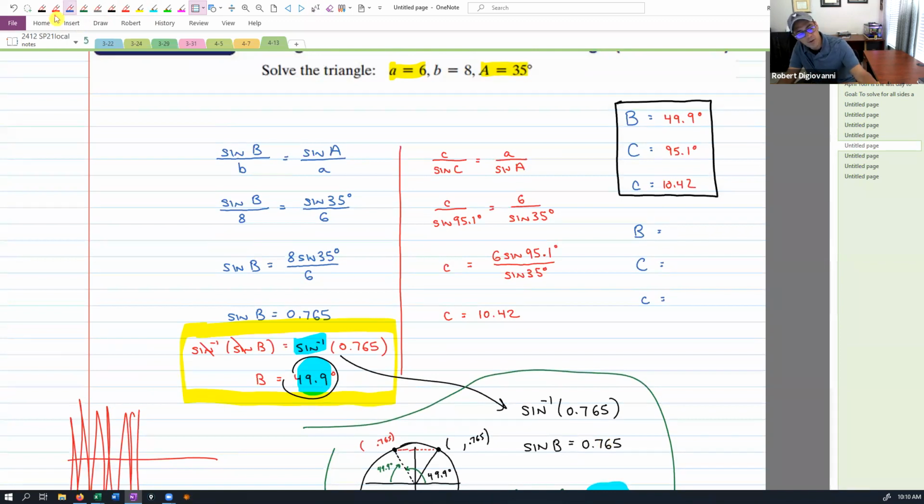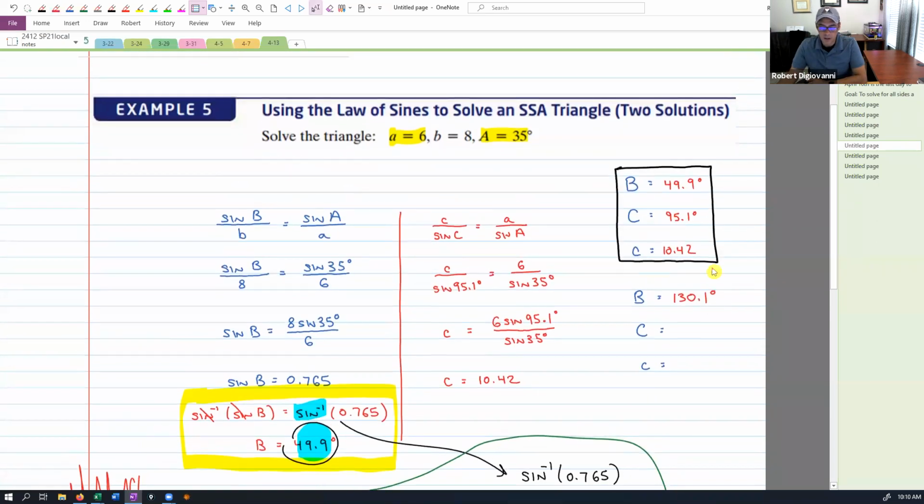So this is 130.1 here. If I know that B is 130.1 and I know that A is 35, then I can get C, just like we did before, by doing 180 minus 35 minus 130.1. I get 14.9 degrees here. Are y'all following what I'm doing? Any questions?